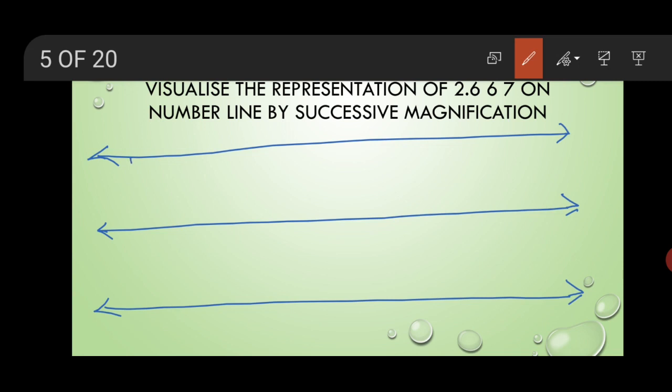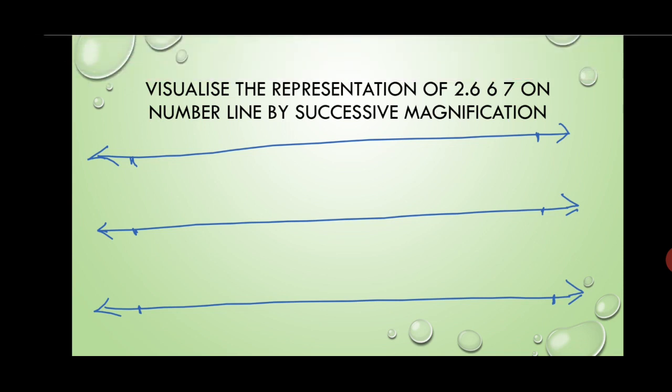In each number line, mark 2 points and take the length between these 2 points as 10 centimeters. Now, 2 point something is a number. It lies between two natural numbers.